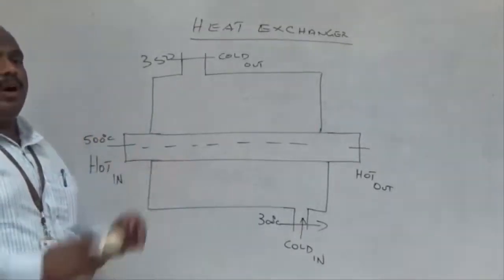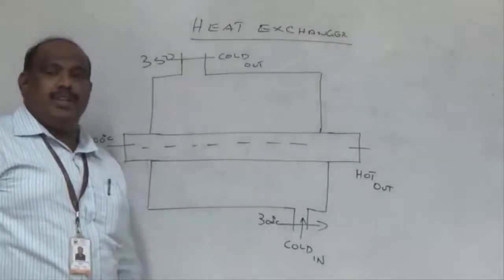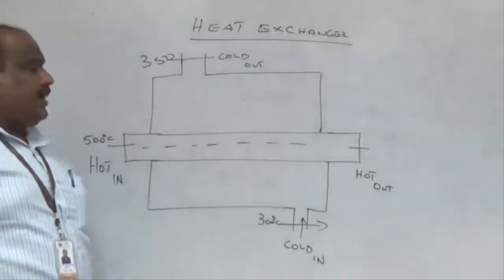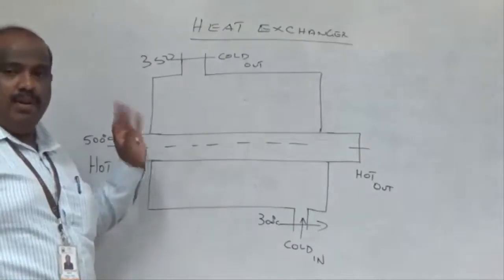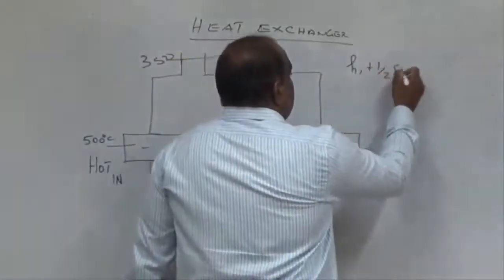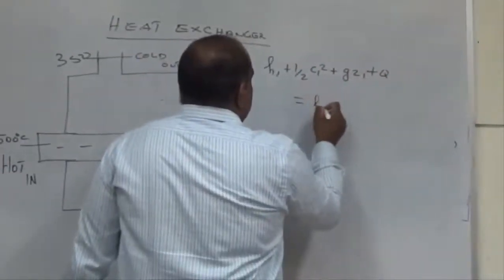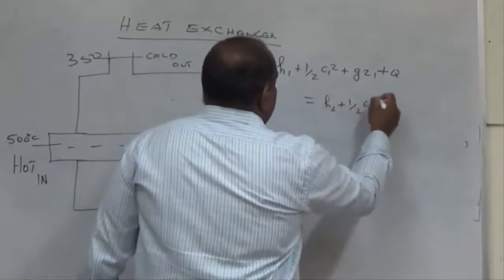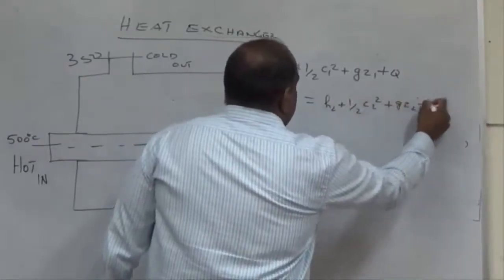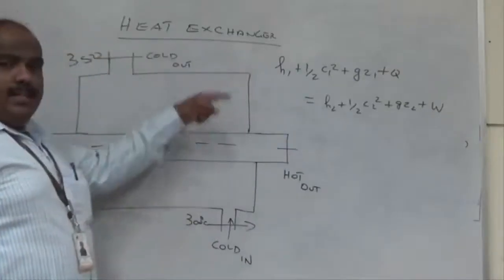Now I want to apply which equation? I want to apply this steady flow equation for this particular application. But instead of one fluid, we have two fluids. Now the same expression: h1 plus half c1 squared plus g z1 plus Q is equal to h2 plus half c2 squared plus g z2 plus W. If we have any rotating components?